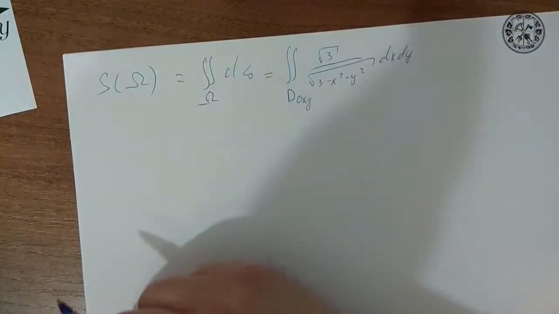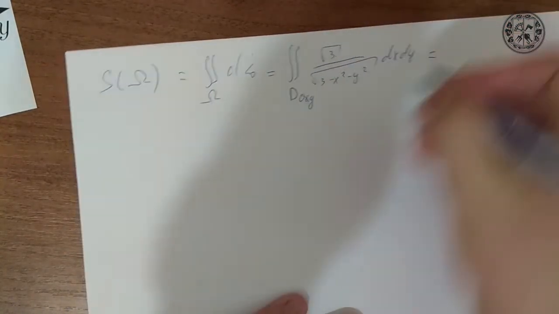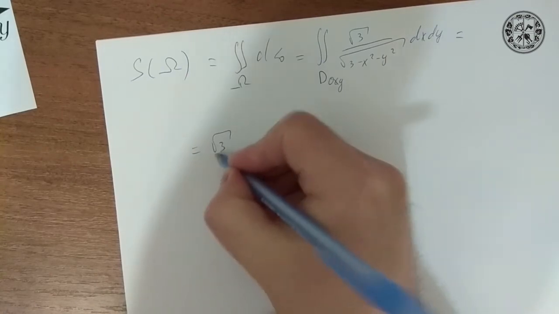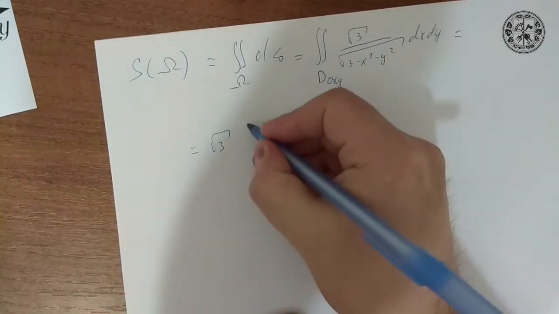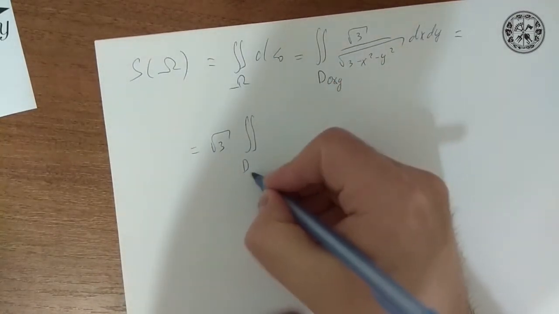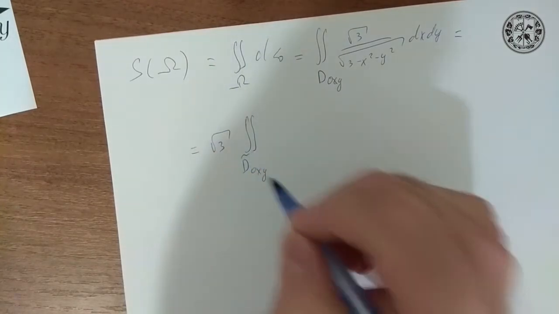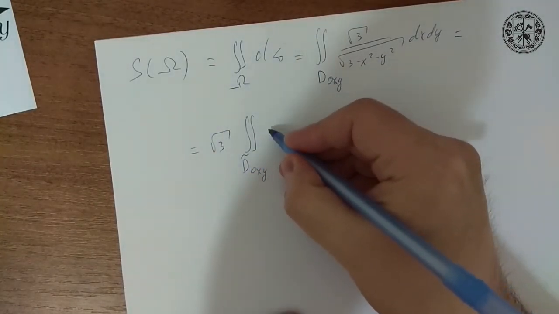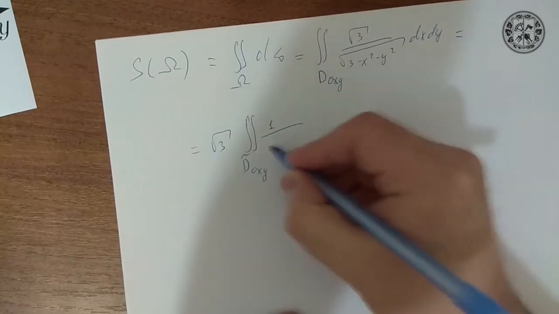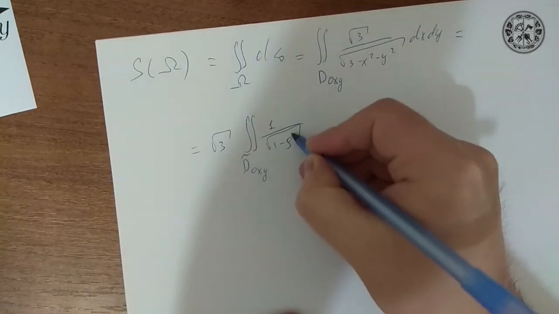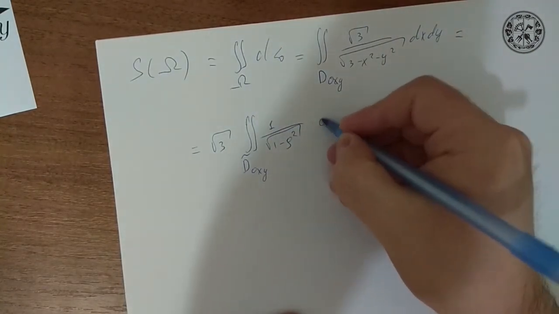Again, we have a circle, so we have to switch to polar coordinates. We can move out the square root of 3, and we get 1 over the square root of 1 minus rho squared multiplied by the Jacobian rho.